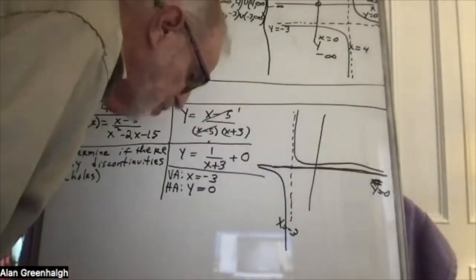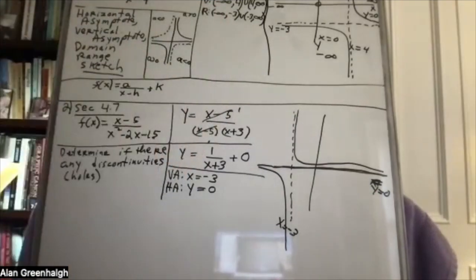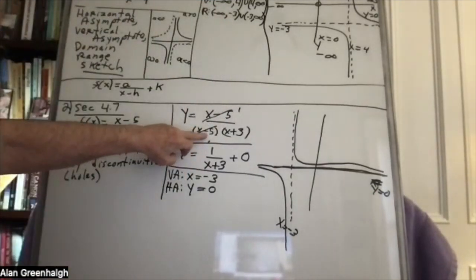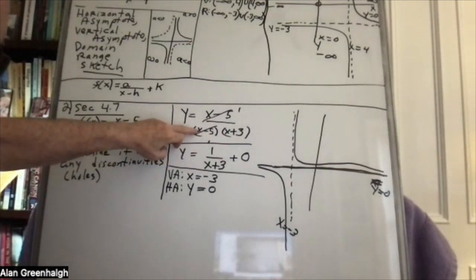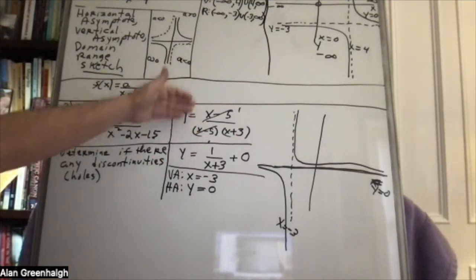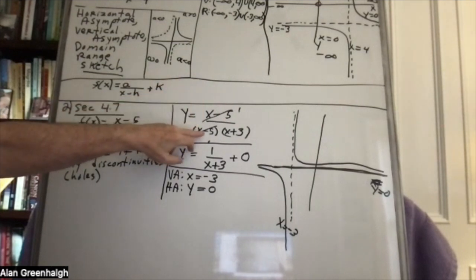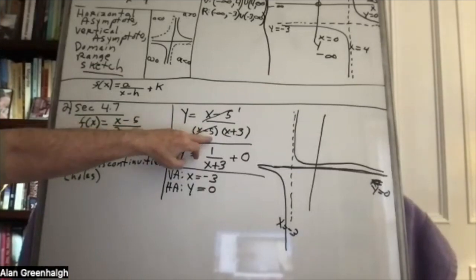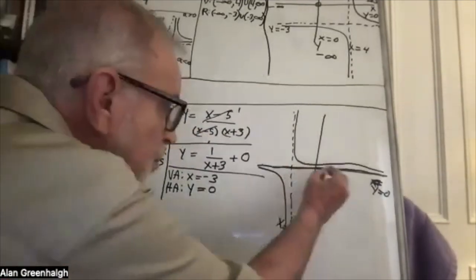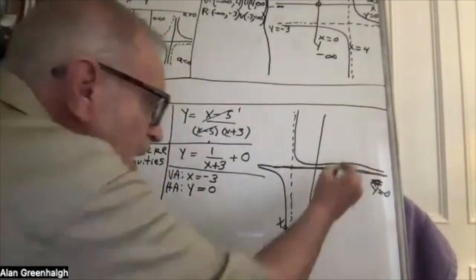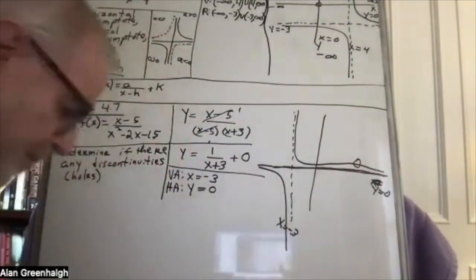And the only thing that you need to be concerned with is that since we cancel out the x minus 5, it still has to be taken into account that if x is equal to 5, that's an undefined fraction, because you cannot have a 0 in the denominator. And when x is equal to 5, 5 minus 5 is equal to 0. Therefore, there will be a hole in the graph right about over there.